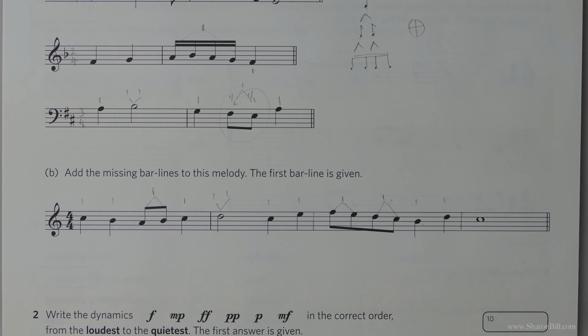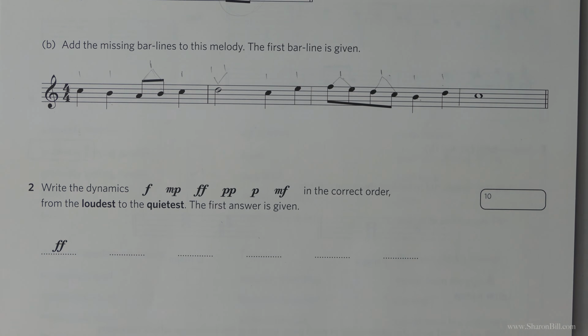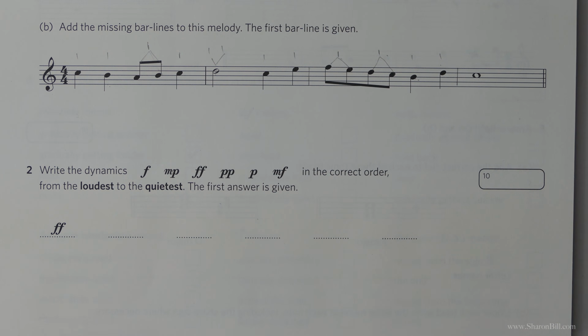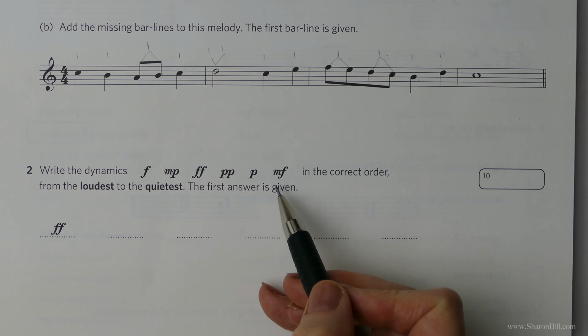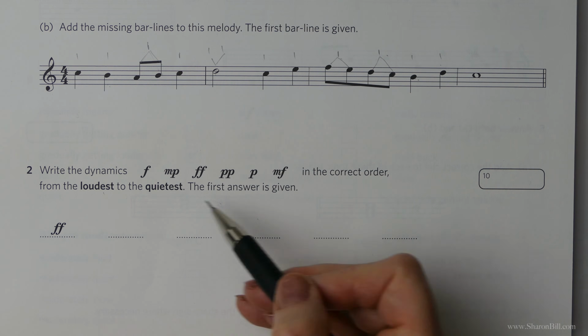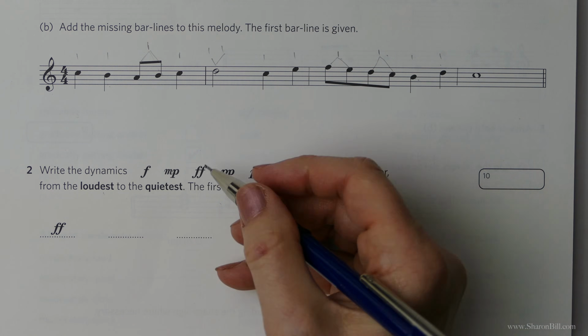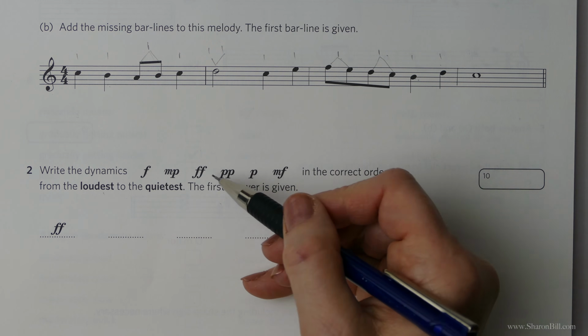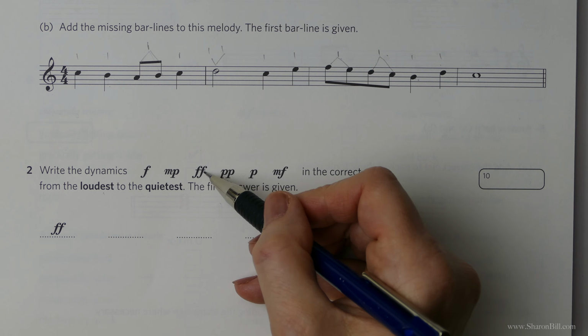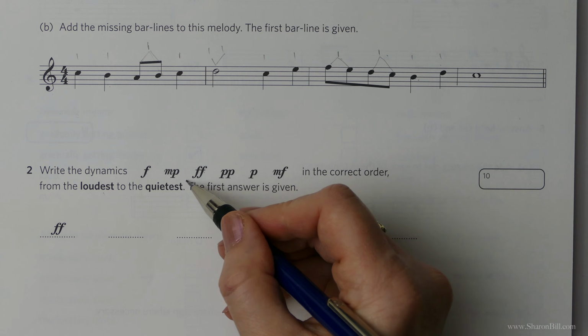Now, moving away from time values, we're looking at dynamic markings now, and we need to rearrange these dynamic markings from the loudest to the quietest. They've given us a clue. Forte is loud, FF, fortissimo, is very loud. So they've started us off with very loud.